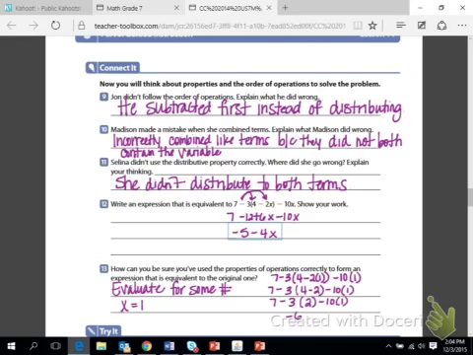And negative 10 times 1 is negative 10, bringing down my 7. And 7 minus 6 is 1, minus 10 is negative 9. So now if I evaluate my negative 5 minus 4x, I should get negative 9. And negative 5 minus 4 times 1 gives me negative 5 minus 4, which is negative 9.